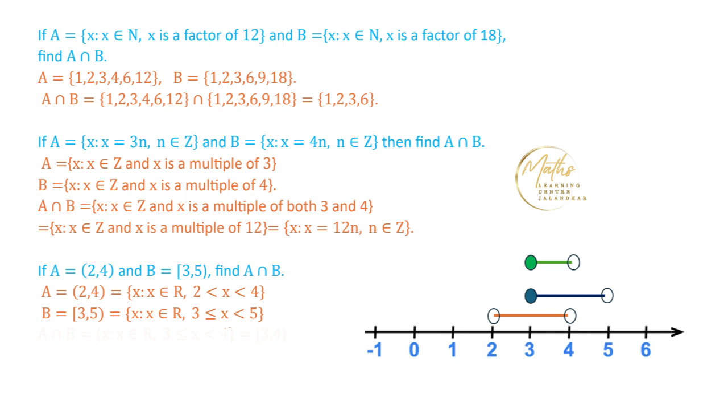So we are saying the intersection of these two sets consists of all those real numbers which are greater than or equal to 3 and less than 4.